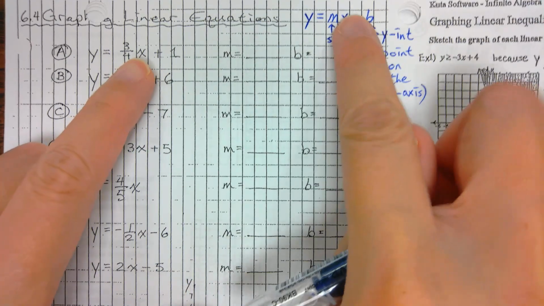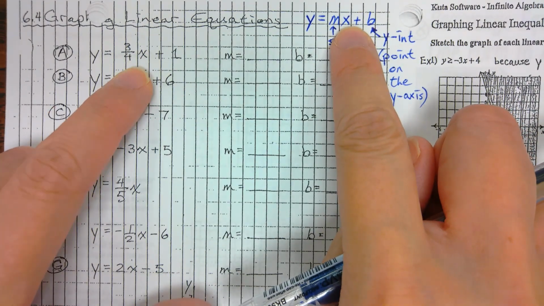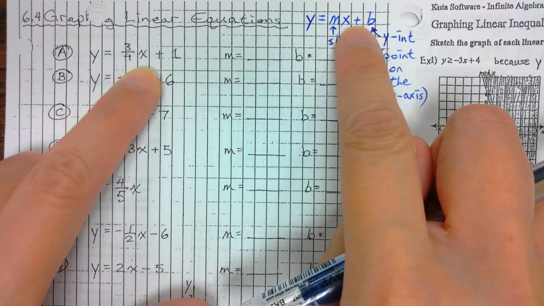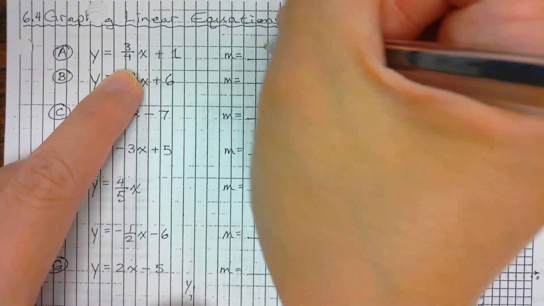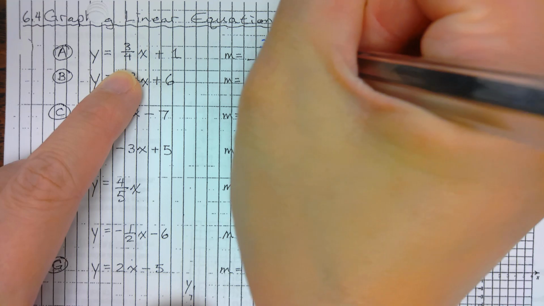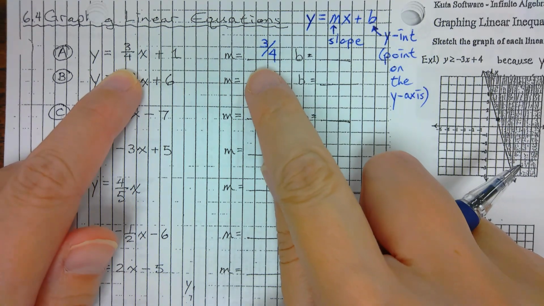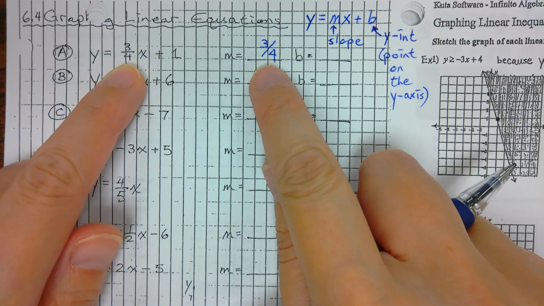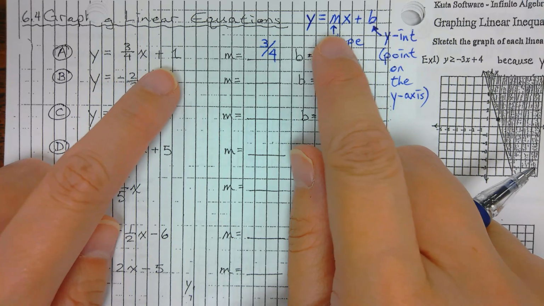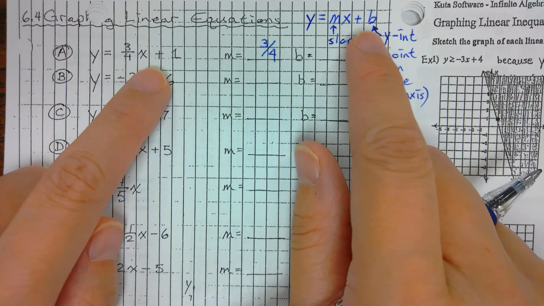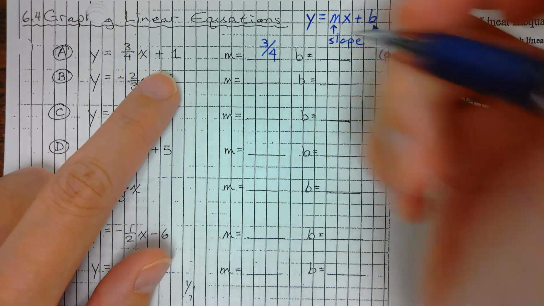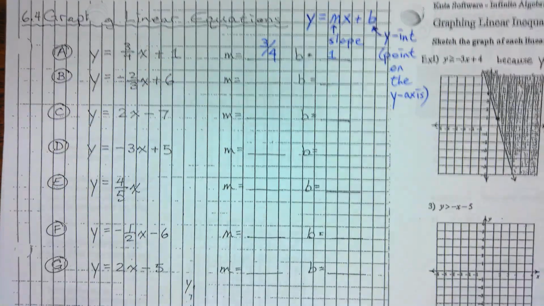Alright, match this up. Y equals mx plus b. Y equals 3/4 of x plus 1. Adihi? 3/4. Right. And it's not 3/4 x. It's just the number again. So it's 3/4. That's your m. Alright, and if you match this up, what's my b? Yeah, 1. That's right.